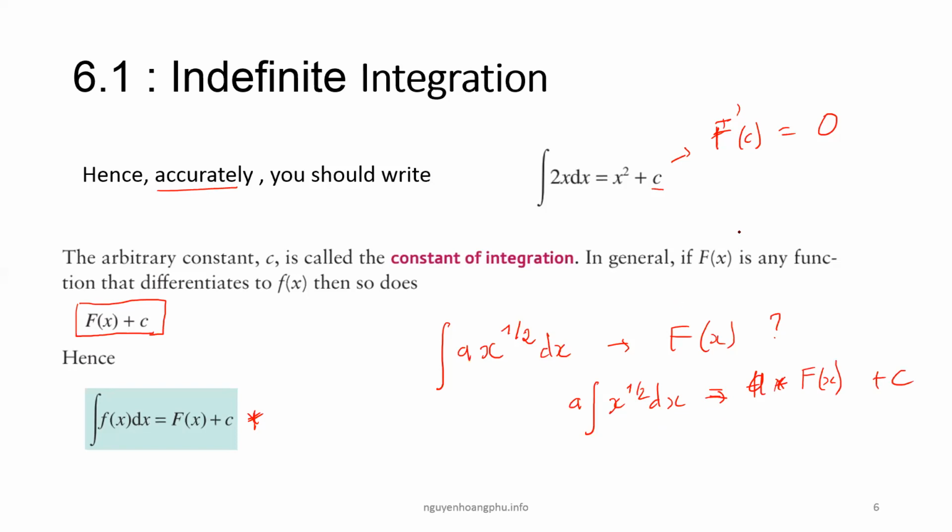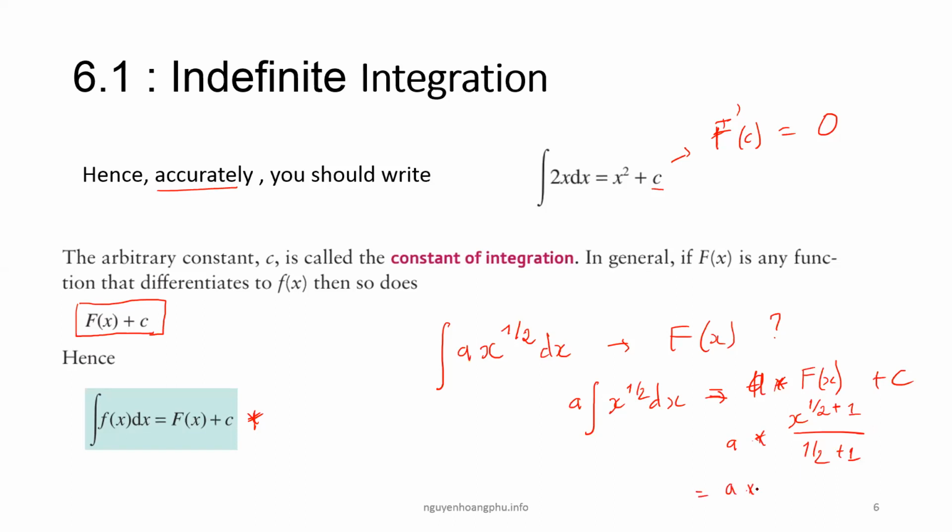How about this one? a times x^(2+1) divided by 2+1, right?